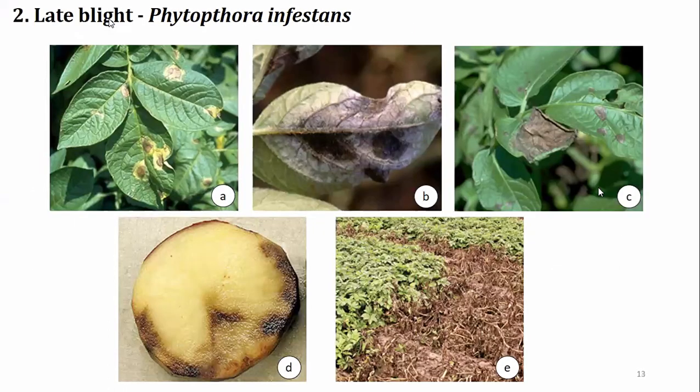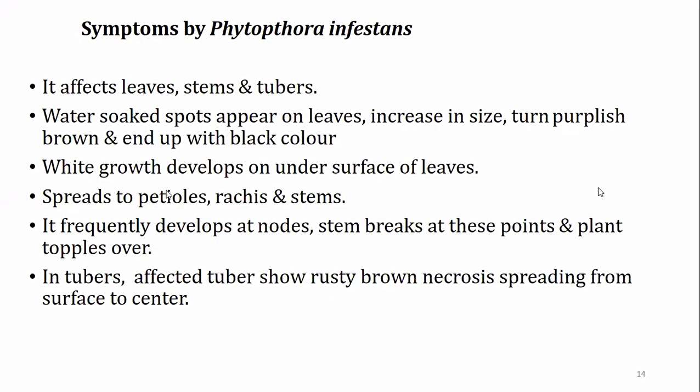Here you can see the damage symptoms in the leaves. White growth develops on the undersurface of leaves, and the disease spreads to the petiole, rachis, and the stem parts also.